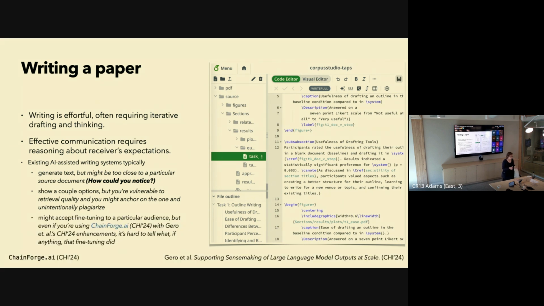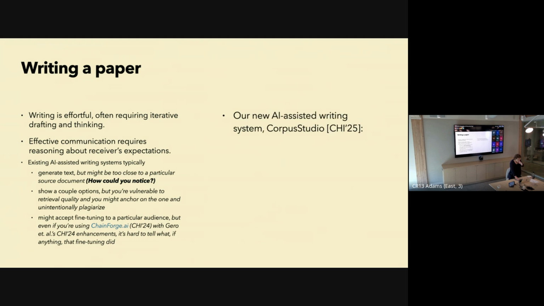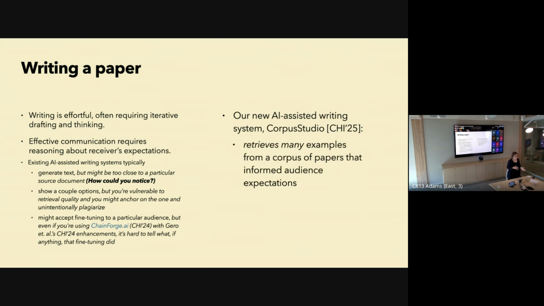I could fine-tune a large language model on my corpus to make it more useful as I write in this kind of generation scenario, but it's really hard to figure out what effect that fine-tuning had, right? There's a lot delegated to the AI, and I would say that's too much.